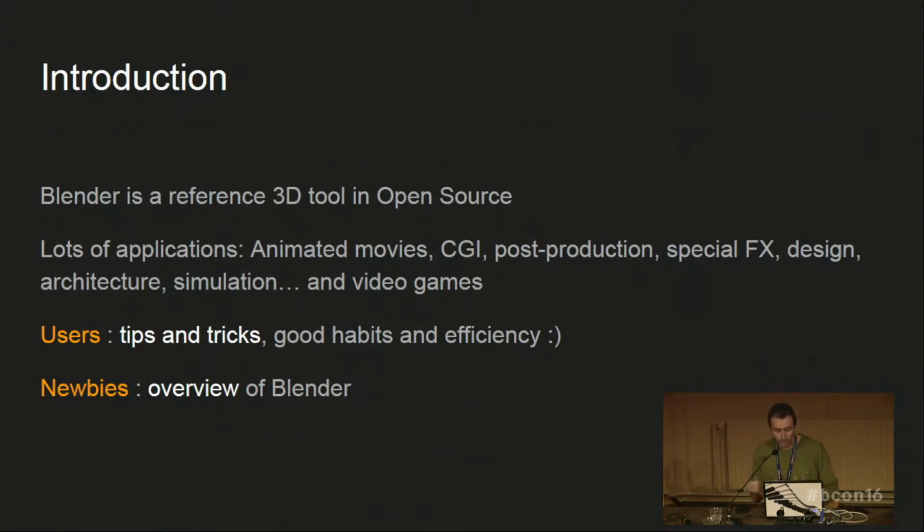I hope you will pick up a few tips and tricks and maybe some efficiency tips to boost your workflow if you are creating 3D assets. And if there are some newbies here, I hope to show a simple overview of Blender.